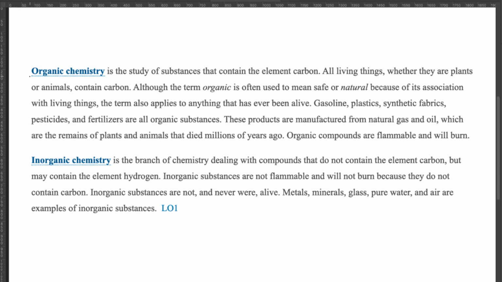First of all, we have organic chemistry. Organic chemistry, as it says, is the study of substances that contain the element carbon. This is very important because all living things, whether they are plants or animals, contain carbon. So carbon is the key thing that distinguishes organic chemistry from inorganic chemistry.